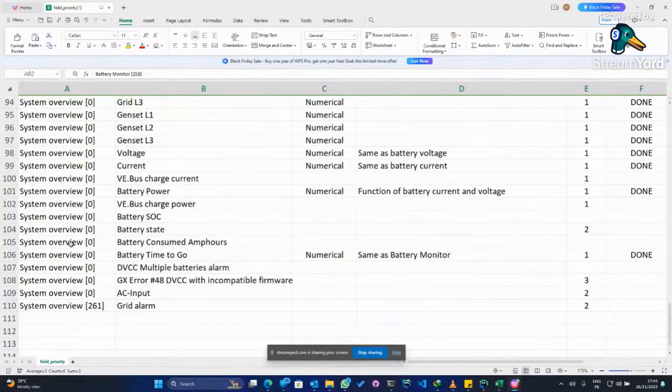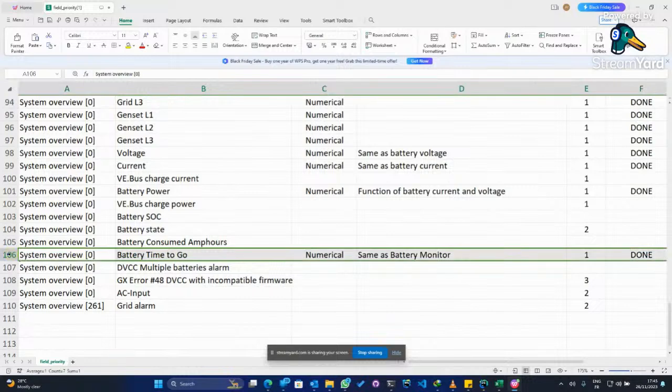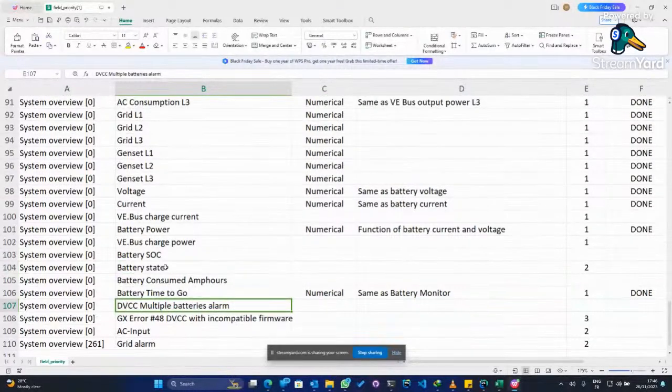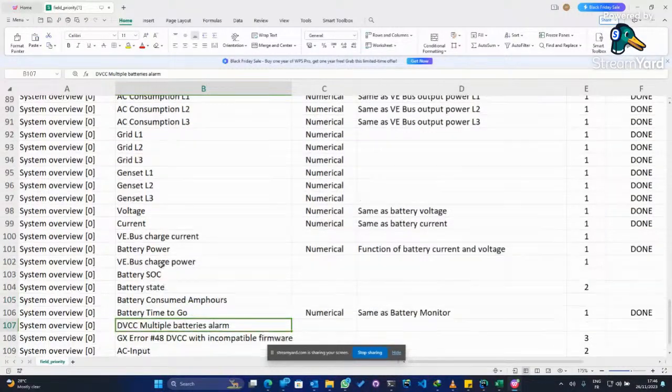the system overview battery time to go, because these logs are configured by the site analyst. They are the ones who configure how the logs actually look. So it's possible that you enter a data set and find fields or a configuration which is completely different from other logs, because they have not been configured the same way.